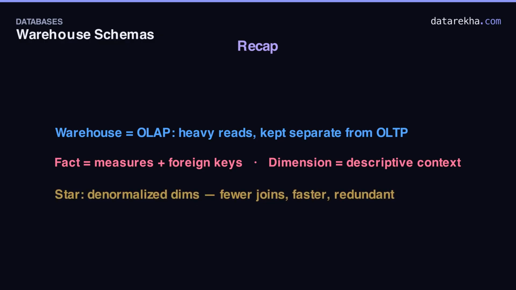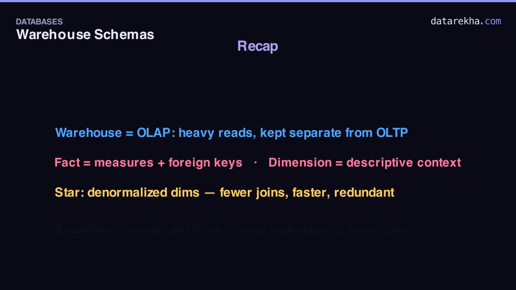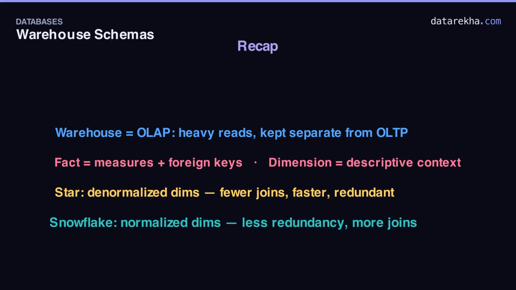The star keeps dimensions flat and denormalized. Fewer joins, faster reads, at the price of repeated descriptions. Usually, the choice. The snowflake normalizes those dimensions. Less redundancy at the price of more joins. Decide the grain first, keep facts and dimensions straight, and you can read or design any warehouse schema with confidence.